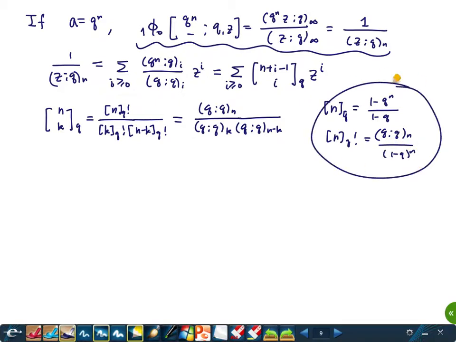If you use this, the 1 minus q powers are the same in the numerator and denominator, they cancel, so we get that. You will use this often. So here, this just becomes this.